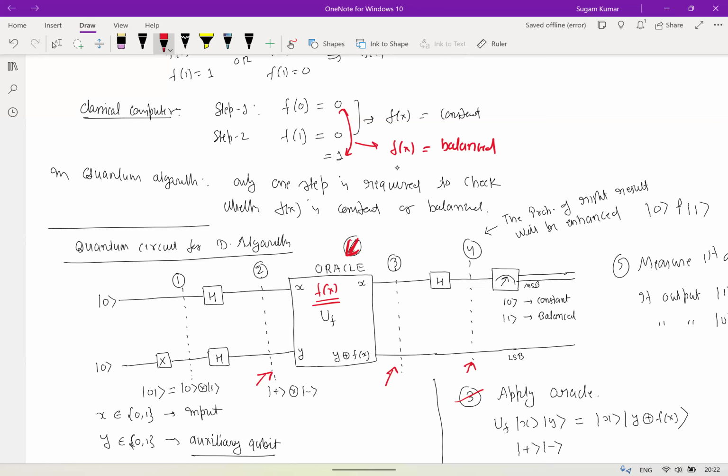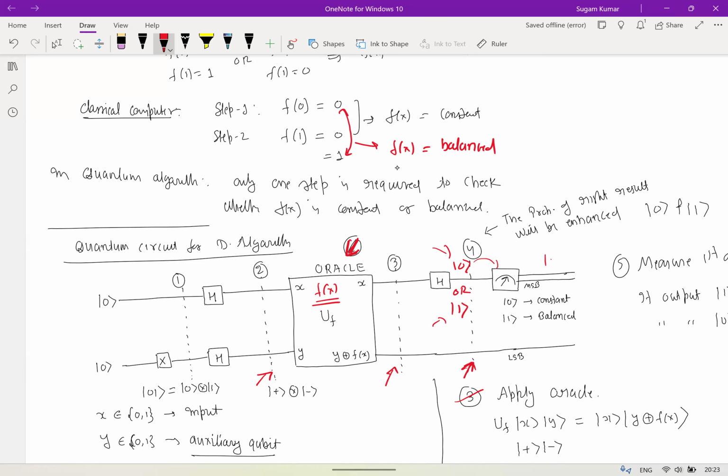So at this step itself, you will get either 0 or 1. No superposition after this, because this is causing an interference. And here you will get either 0 or 1, and then you do the measurement. If you do the measurement on 0, you will get only one result, and when you do the measurement on 1, you will get only one result.